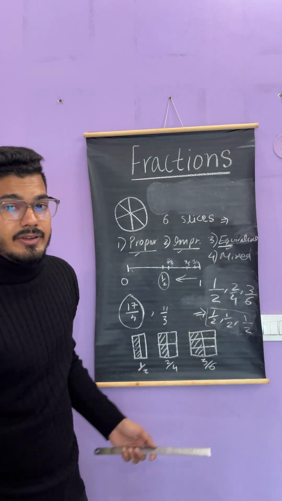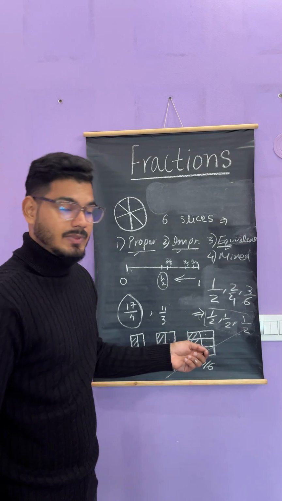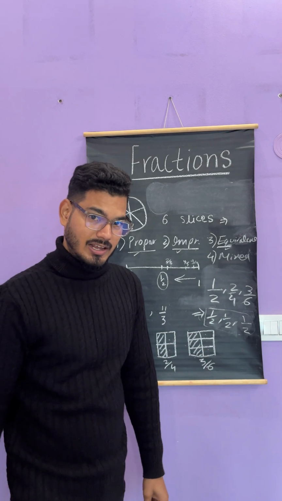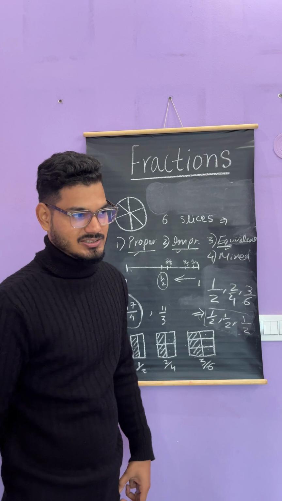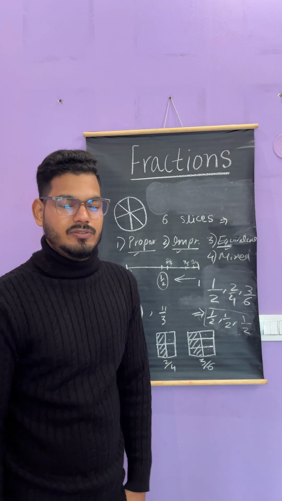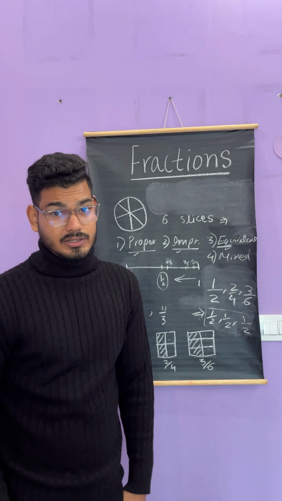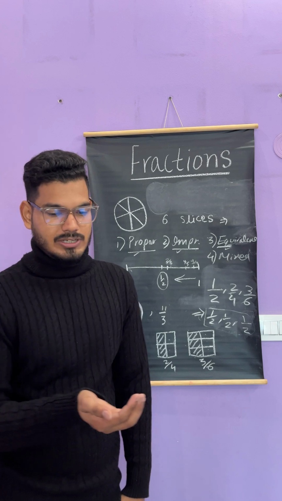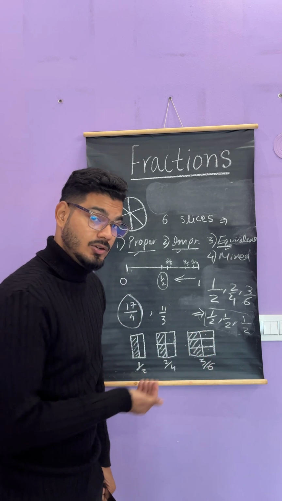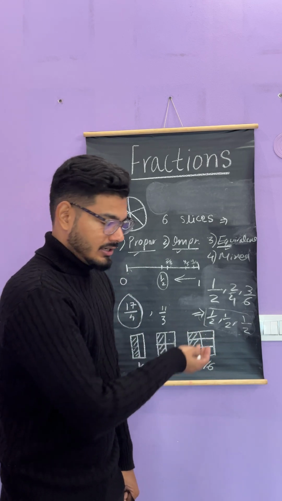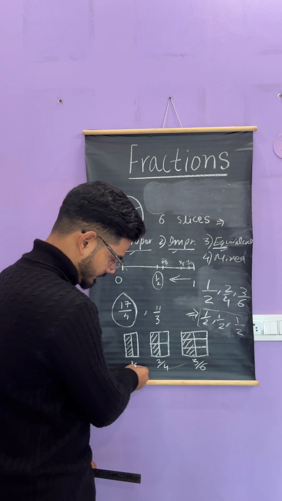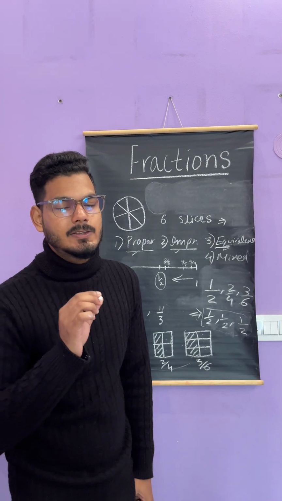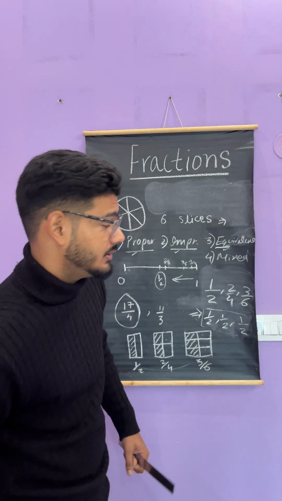So the simplified value of all these fractions is 1 upon 2. They are equal in value. As the name suggests, equivalent fractions are fractions where 2 or more fractions are equal to each other. The value of all the fractions is equal. So these 3 fractions are called equivalent fractions. Alright, you've understood the concept?